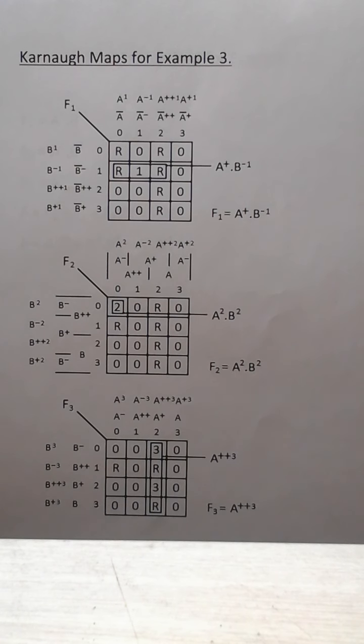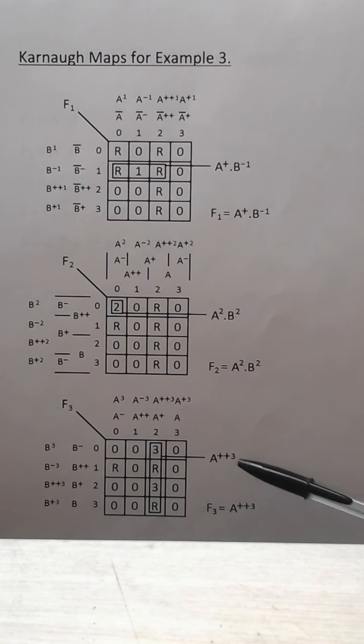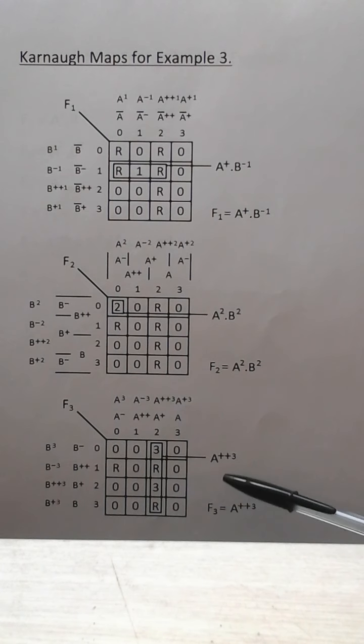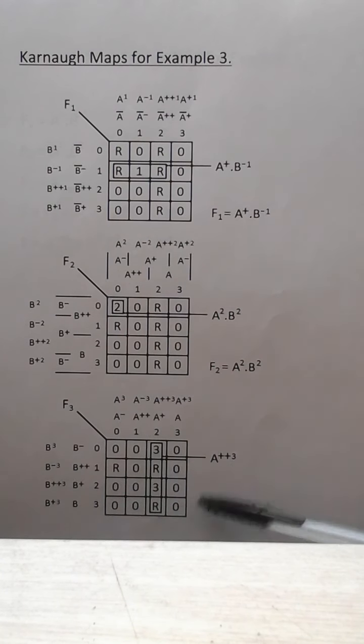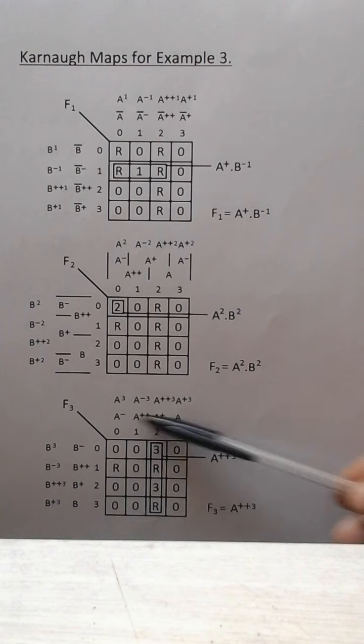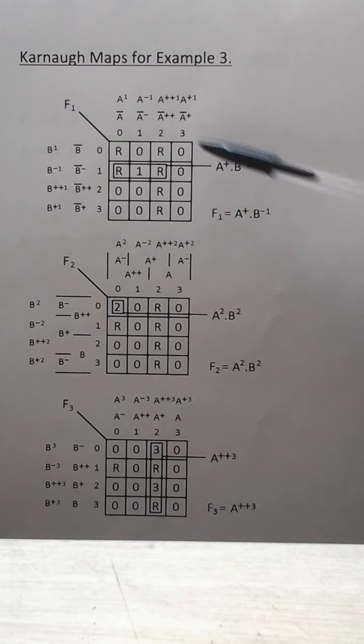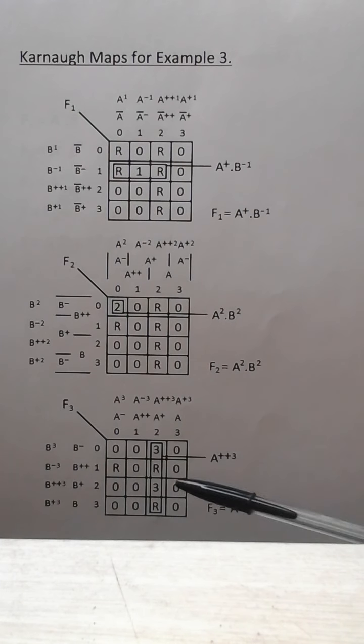I have to use the two-valued unary operators. If you're only using two-valued unary operators, the term is local to whatever Karnaugh map you're using, and you don't have to make sure it's available in lower Karnaugh maps. So this is a plus plus 3, local to F3, and it doesn't appear in any other Karnaugh maps.